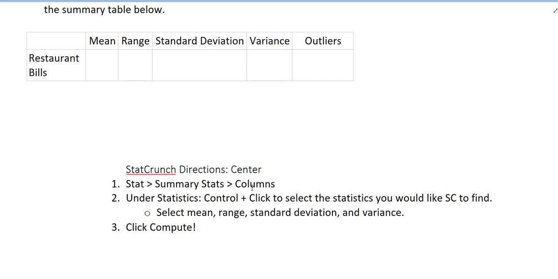Once you're in the columns, there's only one column for this data, the restaurant receipts. So we're going to click that column and then control and click the statistics that we want: the mean, the range, the standard deviation, and the variance.